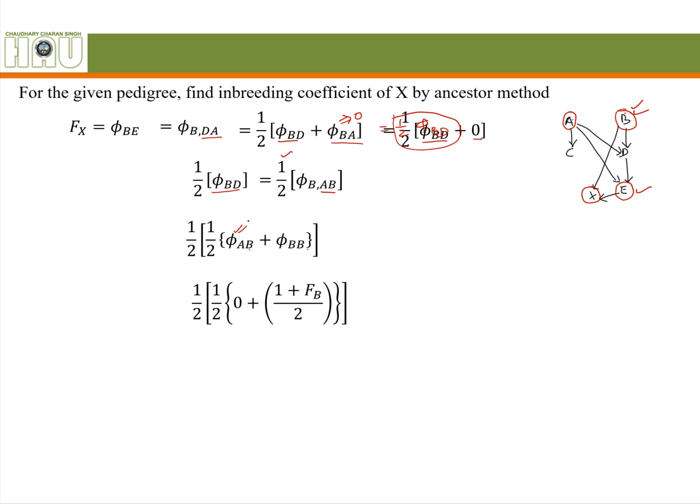Again phi AB is 0, and phi BB by definition is given by (1 plus FB) by 2. But f of B, the inbreeding coefficient of B, is 0 because we have no information about his parents. So if I substitute this value here, I will get 1 by 2 multiplied by 1 by 2, which is 1 by 4. So 1 by 8 is the coefficient of inbreeding.